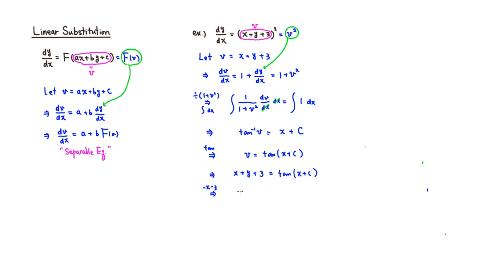That way we will have y is equal to tangent of x plus c minus x minus 3. So that is the solution of the given differential equation. All right, that's it. I hope that this was clear.